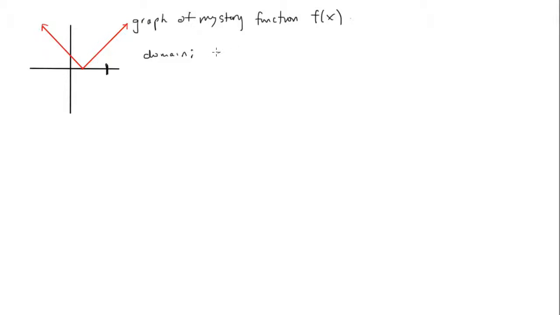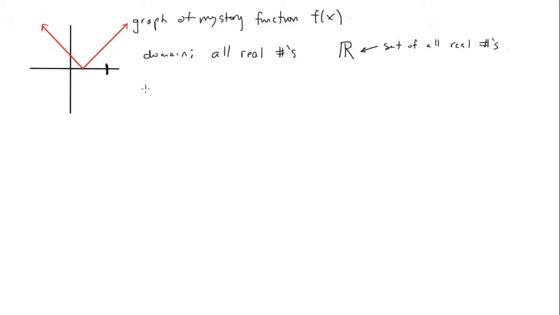Okay, so the domain is the set of all real numbers. And we have a special symbol for that. It's an R with sort of this extra vertical line. So this symbol is shorthand for the set of all real numbers.